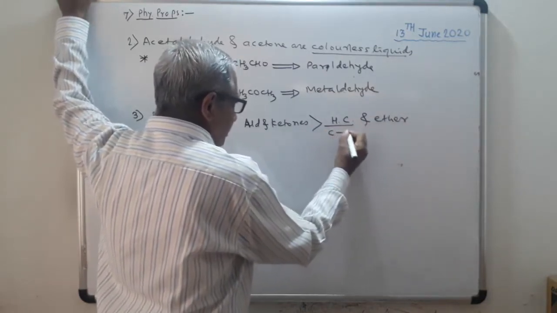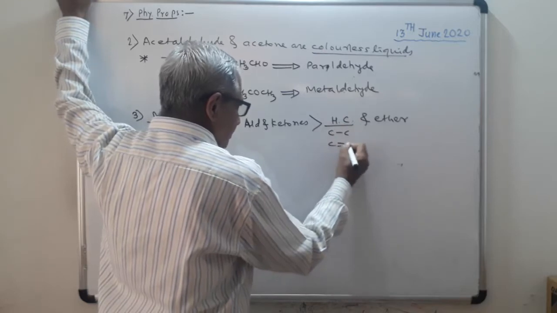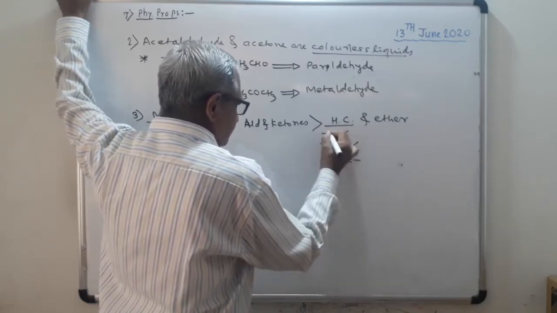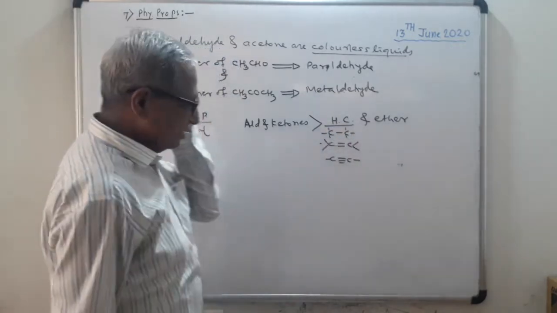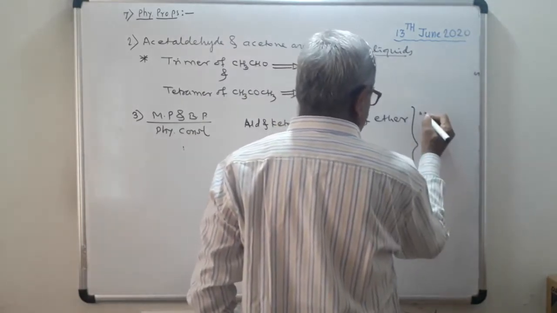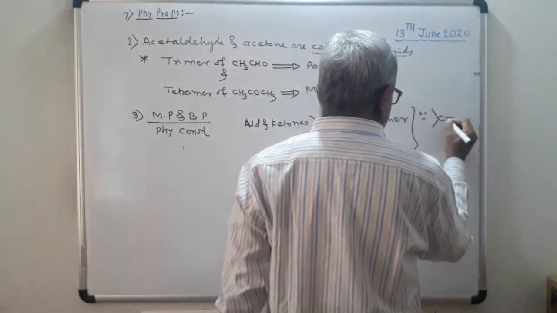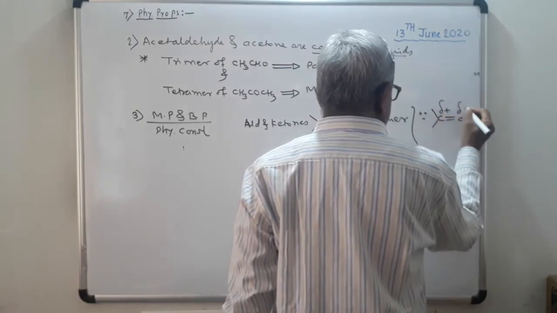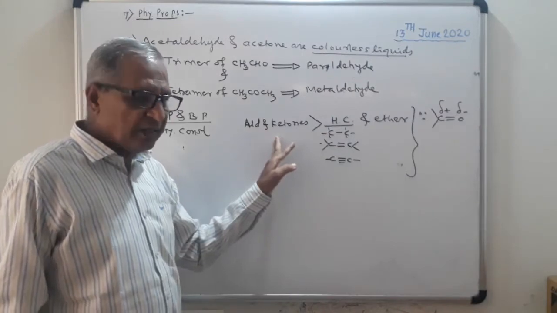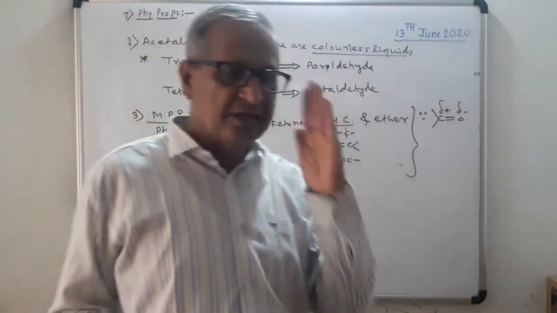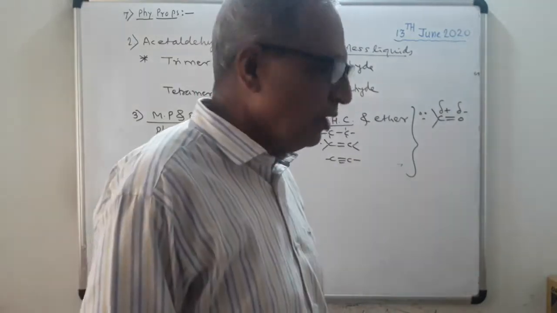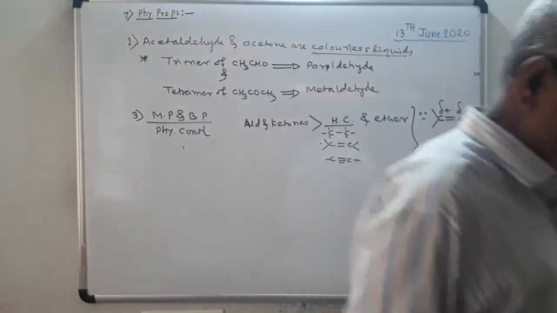Hydrocarbons are nothing but alkane, alkene and alkyne. This is because aldehyde and ketone contain the carbonyl group. It is a polar molecule, and therefore intermolecular association will be formed in aldehyde and ketone. Therefore extra heat energy is required to break the intermolecular association, and therefore melting point and boiling point increase.